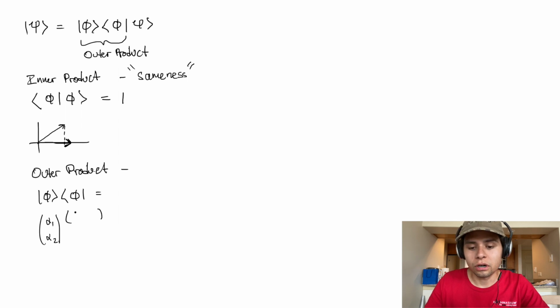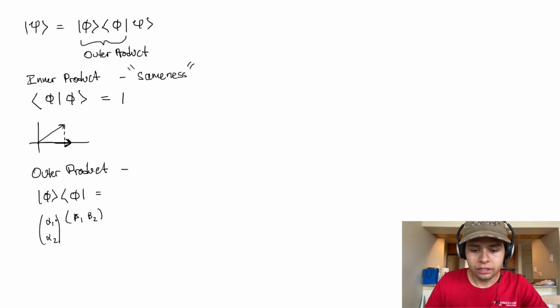That's what your bra vectors are going to be like. They're going to be row vectors, and then your standard vectors are just going to be your standard column vectors. Okay, and we call this beta 1 and beta 2.